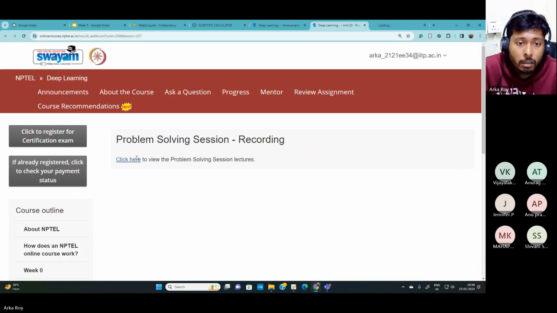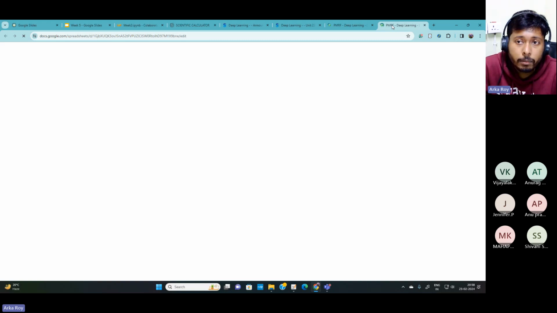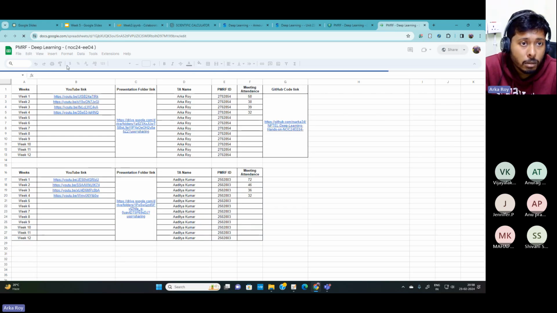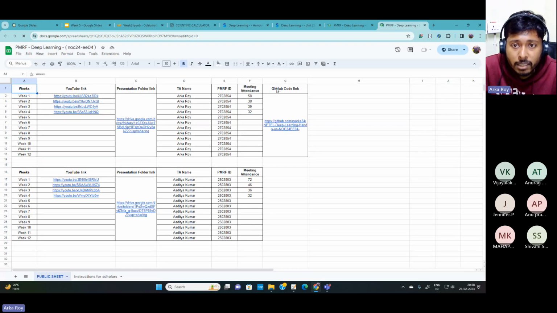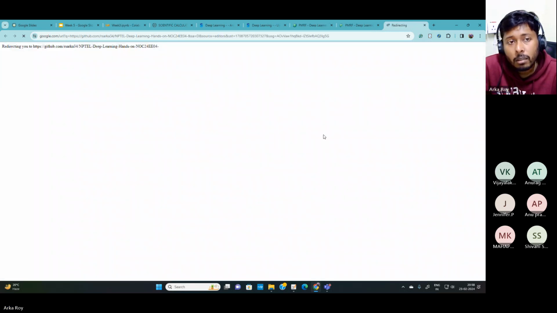Then it will get you to the log sheet. In the log sheet, this is my part and this is the other TA's. Over here you can see that the GitHub link is provided. You just click on the GitHub link, and it will take you to my GitHub account.